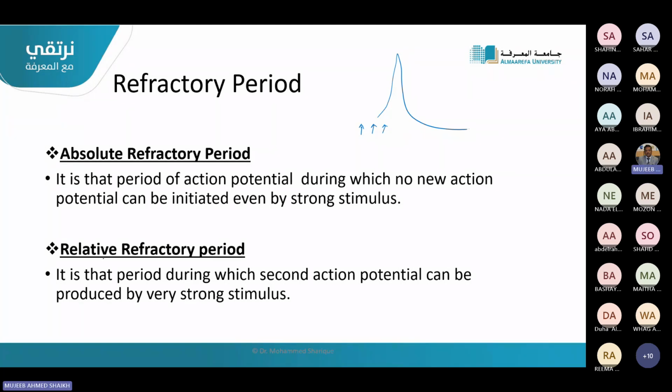Whereas the relative refractory period is the period in which a second action potential can be produced by a very strong stimulus. If instead of stimulating here, you stimulate at this point with large magnitude, maybe 100 millivolt current, then you will find a second action potential. This is called the relative refractory period.